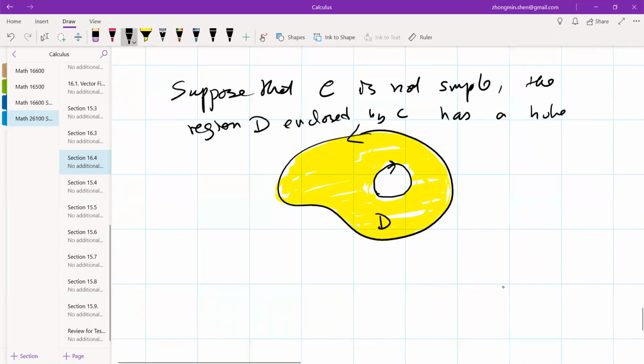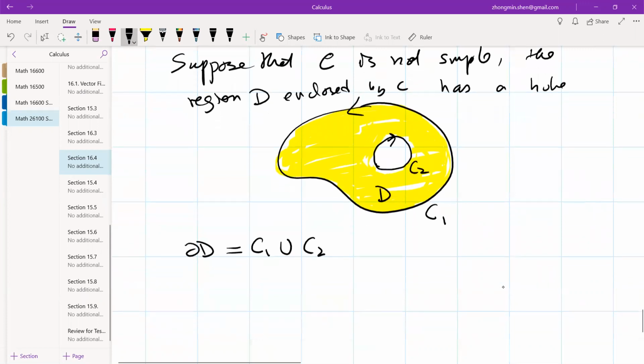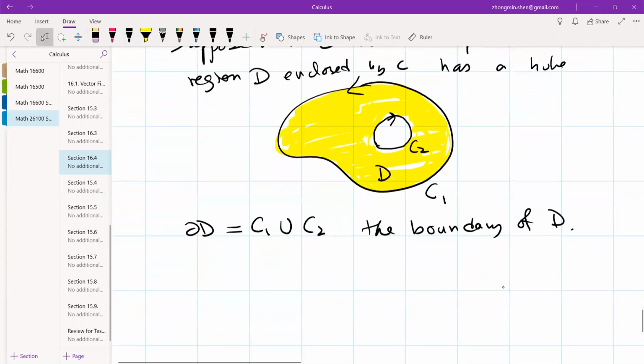Now the curve actually has two pieces. That's going to be C1, maybe that's called C2. This notation means the boundary, okay? So this consists of C1 and C2. So this is the boundary of D, consisting of two curves.